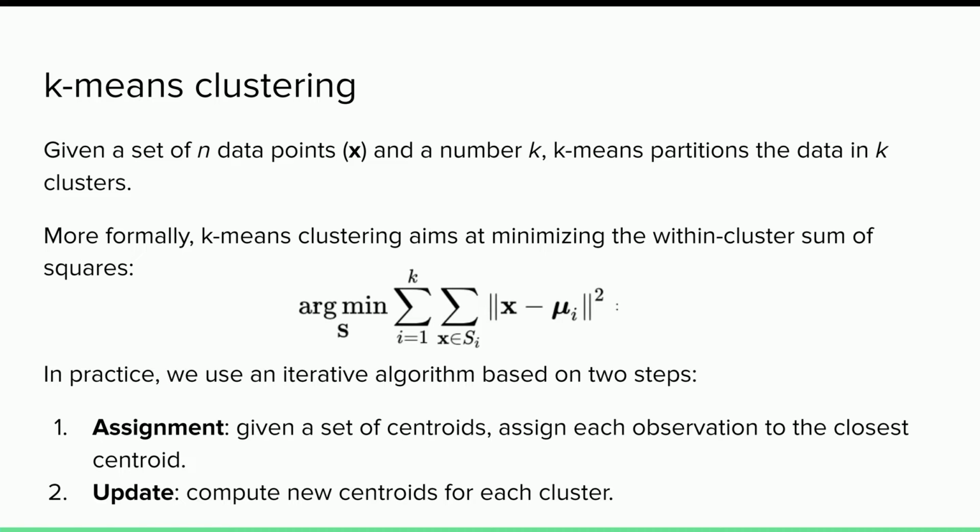It assumes you have some kind of set of centroids, that mu i has already been set. Then it asks what is the closest distance between each observation and its closest centroid, and it gives that the assigned label. So if my first observation is closest to my first centroid, then I get labeled as group 1, for example.